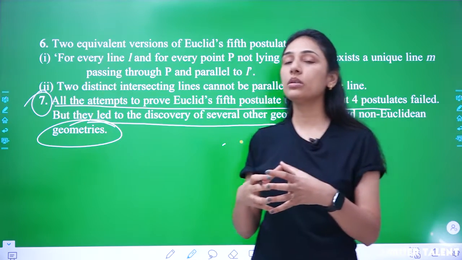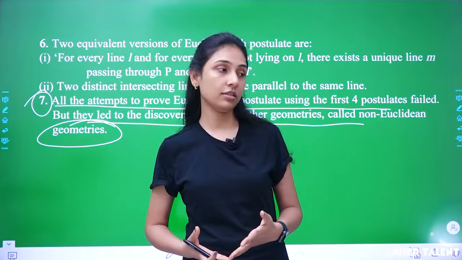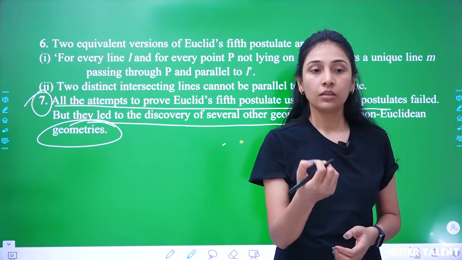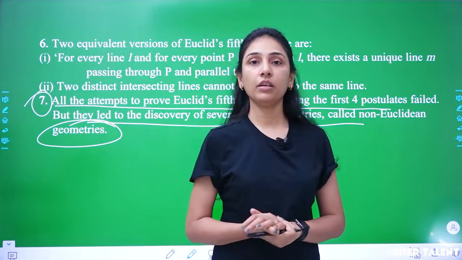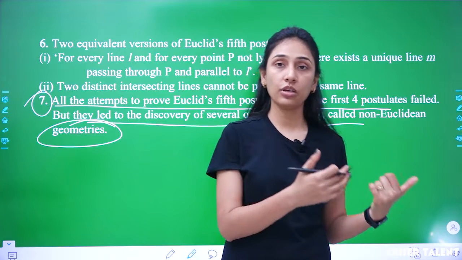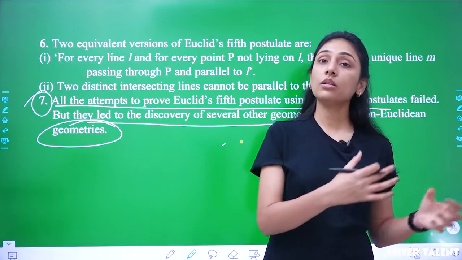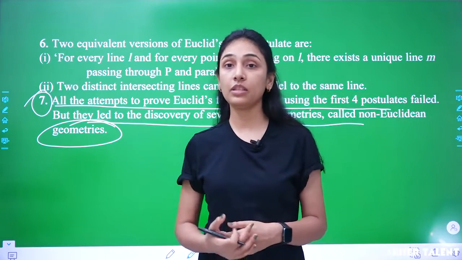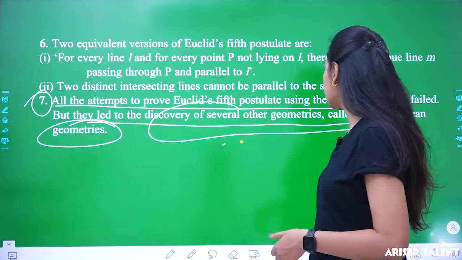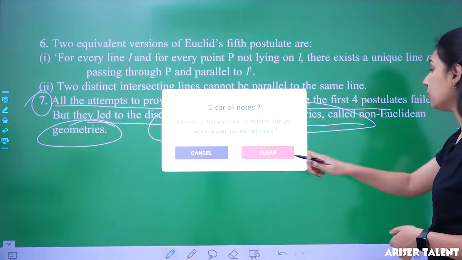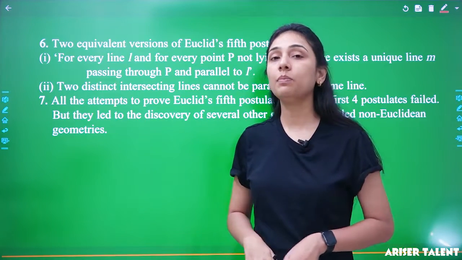When you have understood this complete chapter, you will also understand that maybe some nomenclature or words may be different, and the theorems are not exactly as you have seen them earlier in your modern geometry chapters, but things are very similar to what you are studying right now. So that led to the discovery of several other geometries, that is, non-Euclidean geometry. This is the complete summary of your chapter.